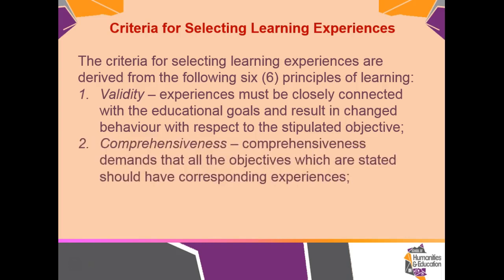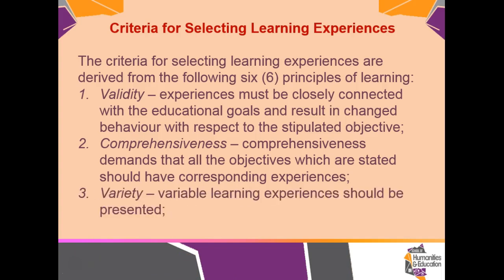Secondly, comprehensiveness. Comprehensiveness demands that all the objectives which are stated should have corresponding experiences. Thirdly, variety. Variable learning experiences should be presented. In other words, we must not make our presentation in the class the same old every day.